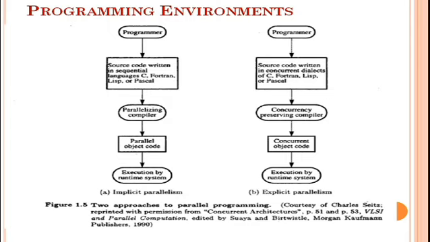This compiler must be able to detect parallelism and assign target machine resources. This compiler approach has been applied in programming shared memory multiprocessors. With parallelism being implicit, success relies heavily on the intelligence of the parallelizing compilers. So this approach requires less effort on the part of the programmer.